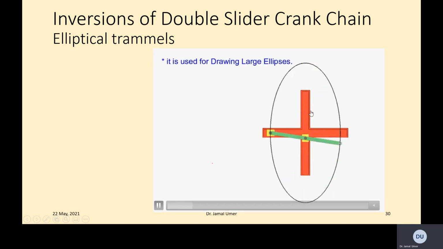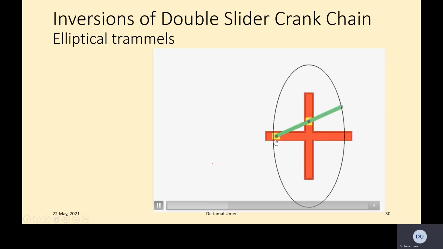For example, slider A just moves up and down, and slider B in our drawing moves right to left only. The length AP is basically double that one. As I said, the major axis and minor axis would be defined by the length of this bar, which is green here. One last time I will play.